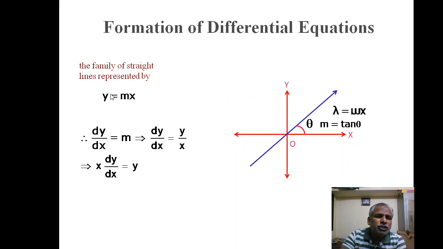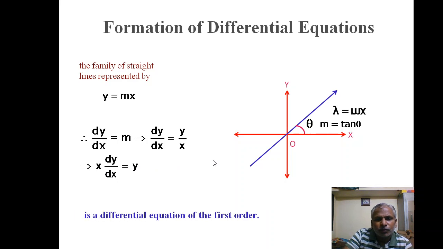If we differentiate this, dy by dx equal to m, since the derivative of y with respect to x is dy by dx, m is constant, and the derivative of x with respect to x is 1. So dy by dx equal to y upon x, that is, x dy by dx equal to y. It is the differential equation of the first order. In this differential equation, the order of the derivative is 1.